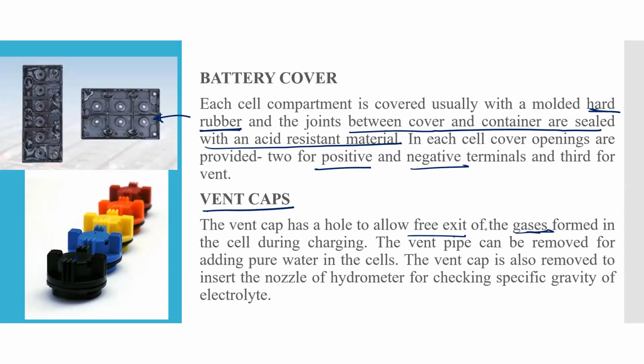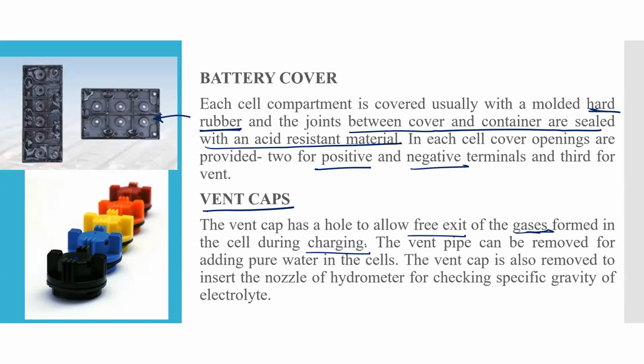I think you are well aware of the pressure and its effect, right? This pressure may ultimately lead to a blast. So to allow the free exit of gases formed in the cell during charging, we have vent caps.